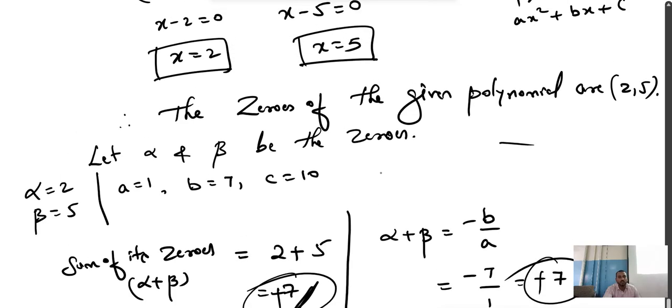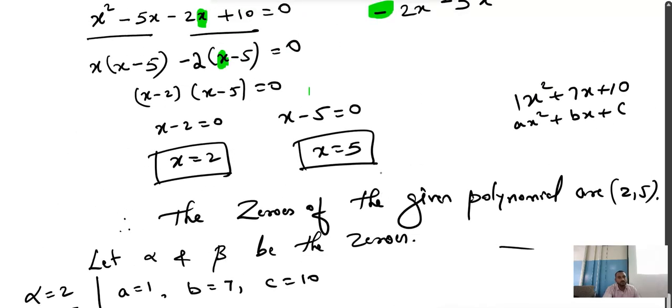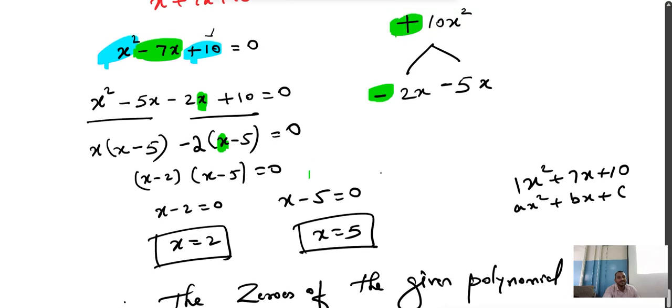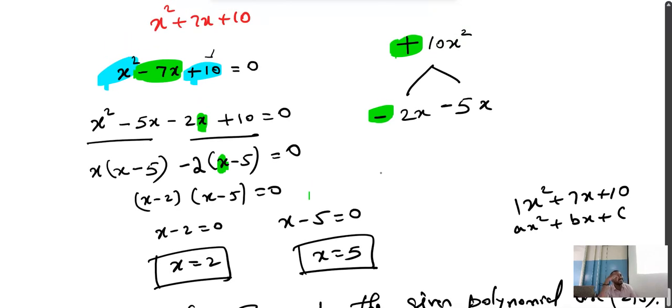Yeah, what's wrong here? What was the question? X square plus 7x plus 10. But what have we taken? Correct.